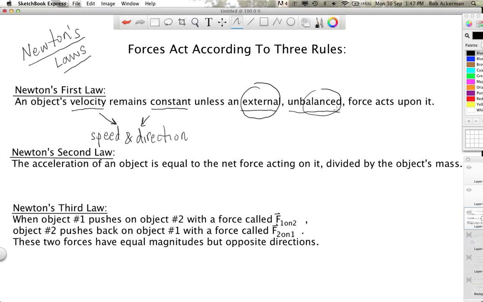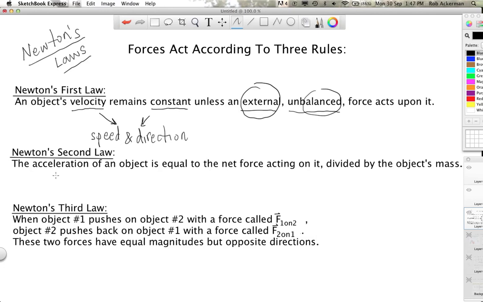In other words, they're lopsided, more pushing in one direction than another. If that situation arises, then the speed and or direction will change. Can you think of some examples of where you push in a lopsided way on an object from the outside, externally, and as a result, its speed and direction changes?